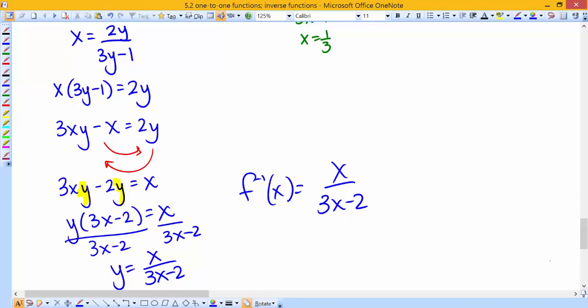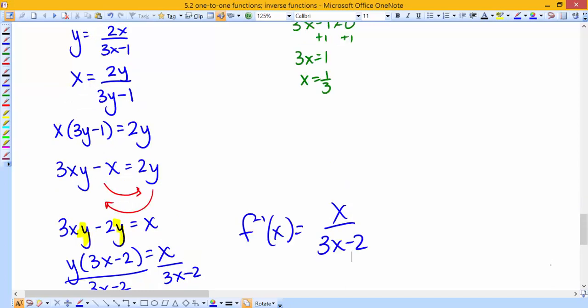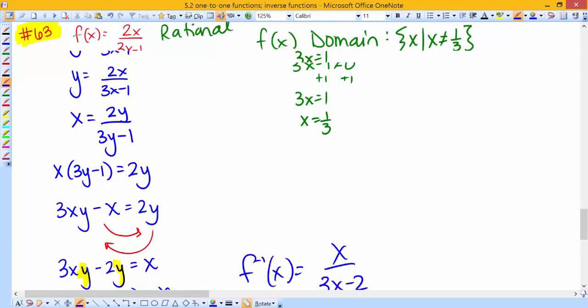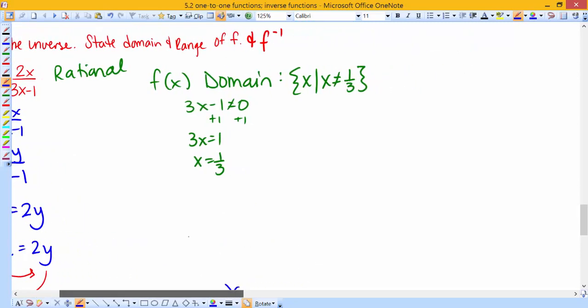So now, there's my f of x. To find my domain of f inverse of x, I have to look at the denominator. The denominator cannot equal 0. So, I'm going to come over here, and I'm going to use red, f inverse of x, the domain.